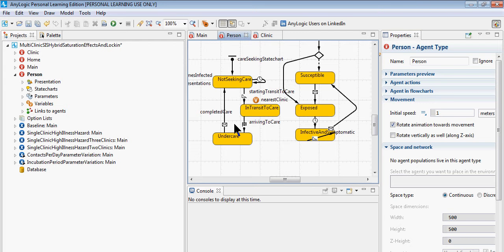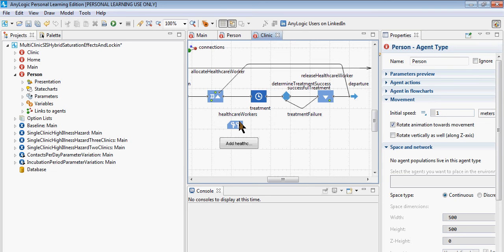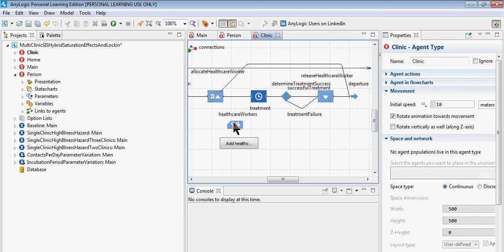They're no longer going to be in the infective and symptomatic state. It'll be false, and therefore they won't get to this point. They won't actually enter this state. They won't transition across here because they're simply not ill.